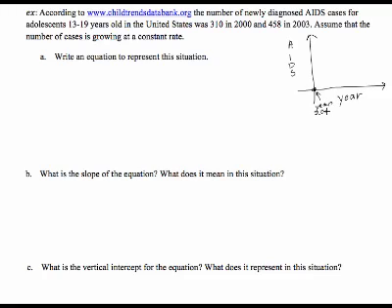I don't want to call it y, because y is usually this axis, so that would be really confusing. So let's just call it x, and x is going to be years since 2000. So when x is 0, that is year 2000.